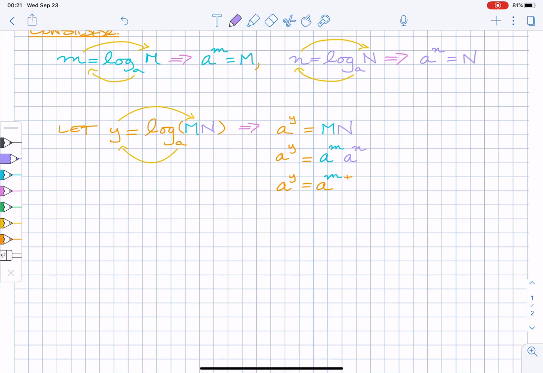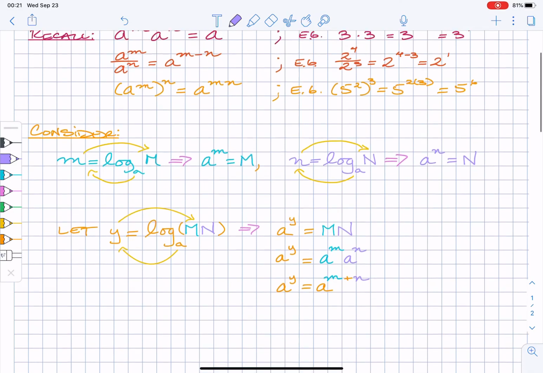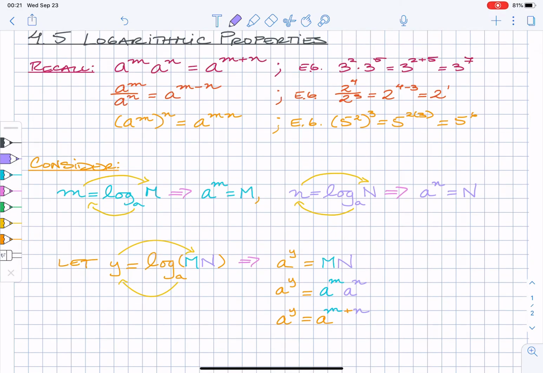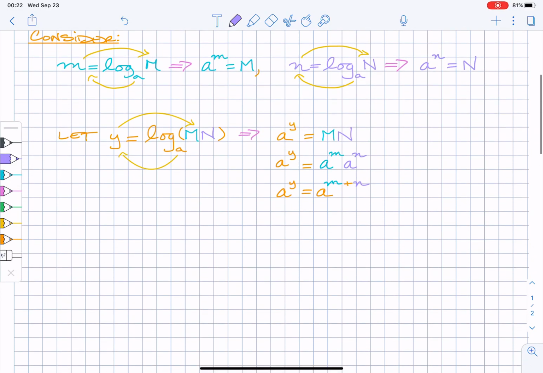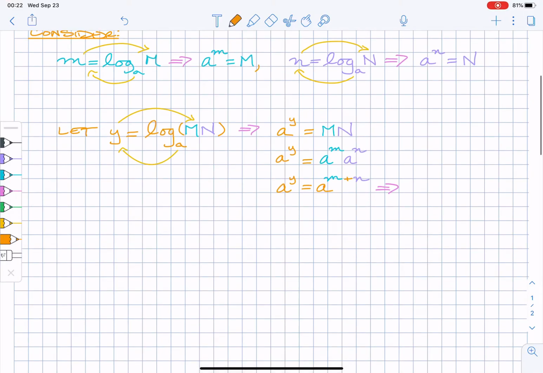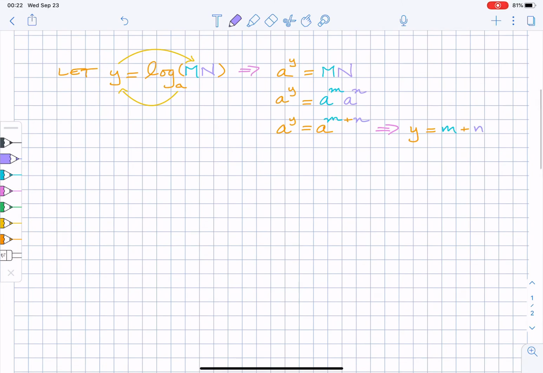Well, what that means then is that y must be equal to m plus n, because the base is the same on both sides, so the exponents must be equal, right? Okay, so we have y is equal to m plus n.